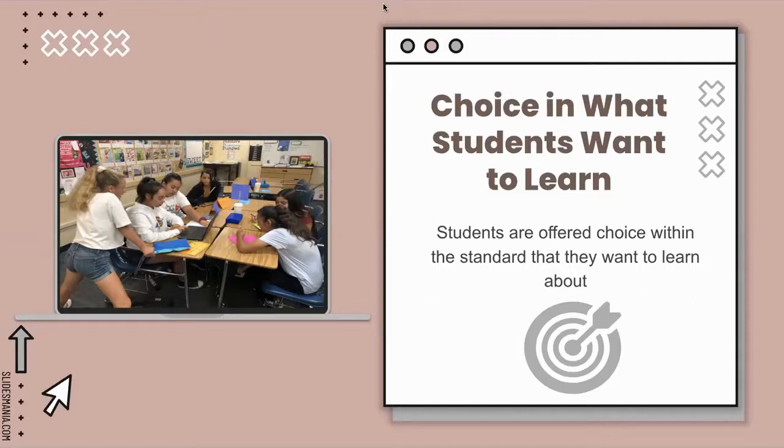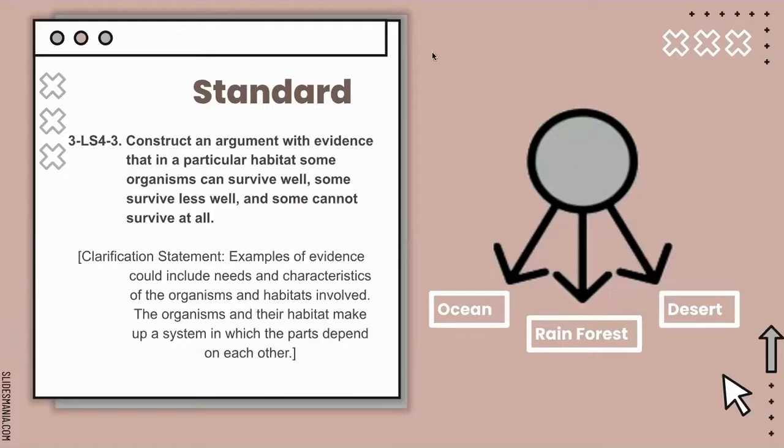So that's the first sample we're going to show you. The standard is the same. We're just giving the students choice in the animal or adaptation that they're learning about. This one is actually a habitat one. So we took the standard, and they need to show that they have the content knowledge around a particular habitat and how organisms can survive well, and some survive less well, and some cannot survive at all.